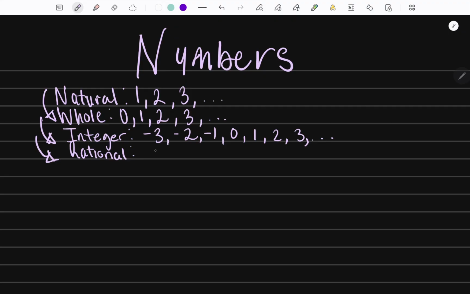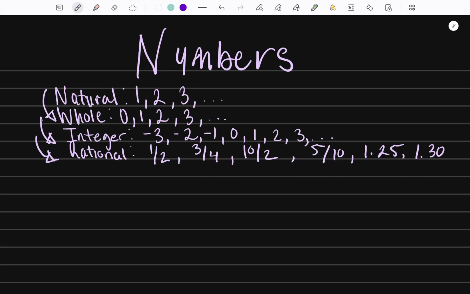So a rational number is 1/2, 3/4, 10 out of 2, and let's say 5/10. These are rational numbers. Oh, and also decimals. So 1/25, 1.30. Okay, so these are rational numbers.